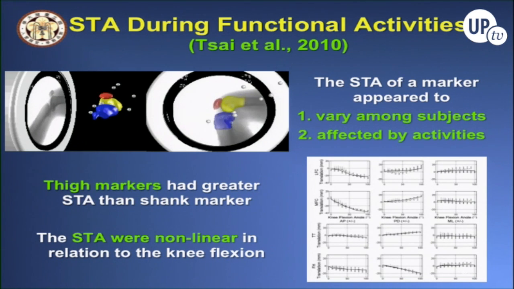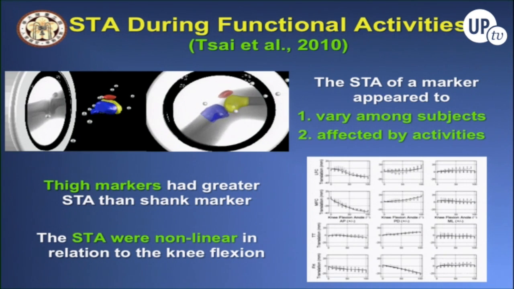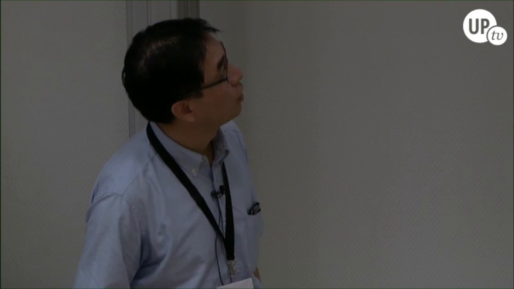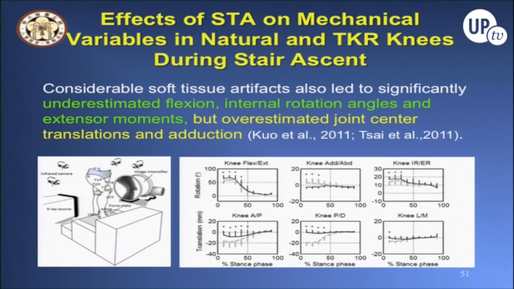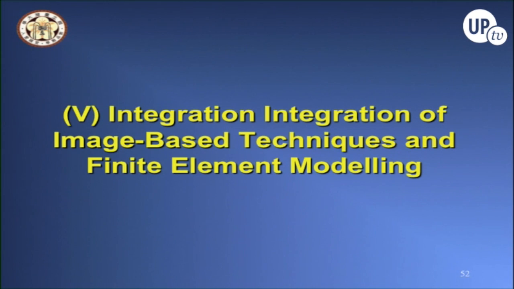This is opposed to the previous assumption that they are linearly related to knee flexion angles. And considerable soft tissue artifacts also led to significantly underestimated flexion, internal rotation angles, and extensor moments, but overestimated joint center translations and adduction during stair ascent and other activities as well. If you're interested, you can see our publications in the Journal of Biomechanics and Gait & Posture.